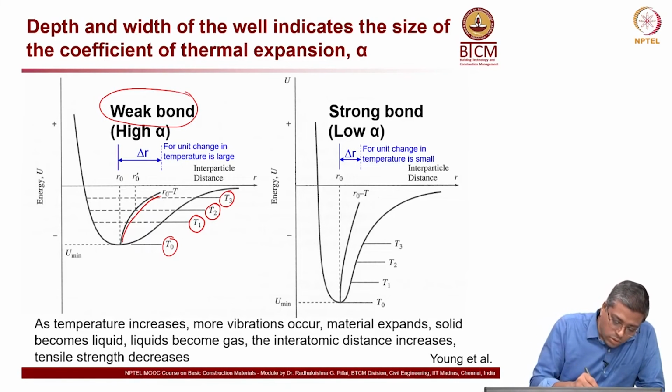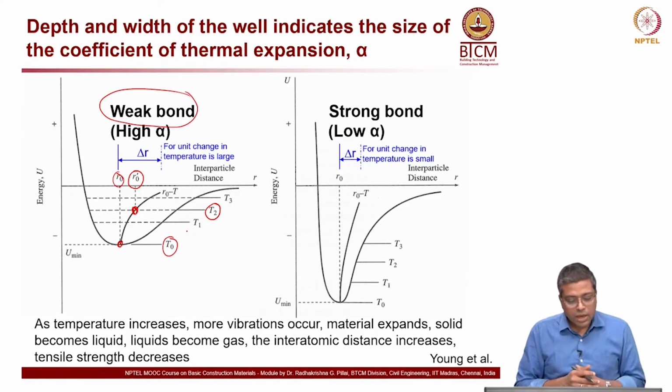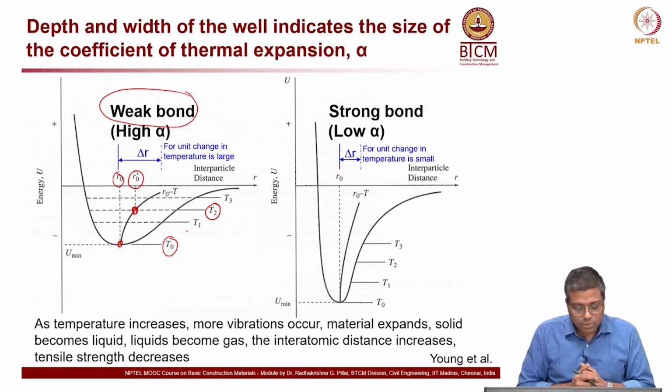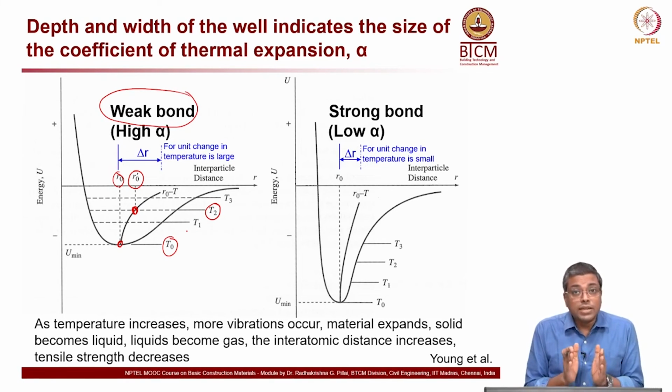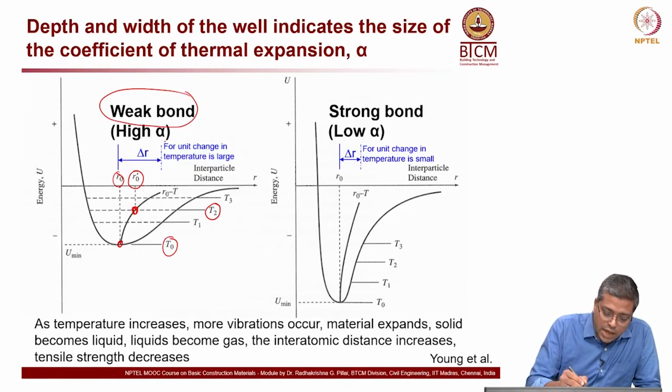Now what you want to know from this graph is, let us say you look at this point and this point. So we have R0 and R0 prime. R0 prime is for temperature T2 and R0 is for temperature T0. Now if we can get that delta R, I put this dash line here so that it is not a fixed line.